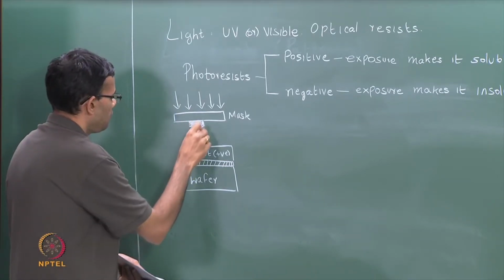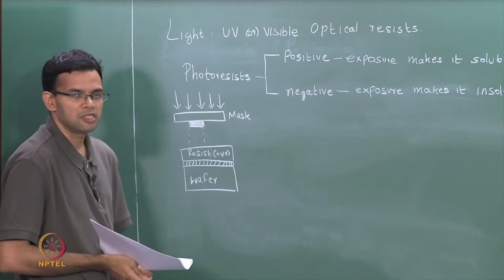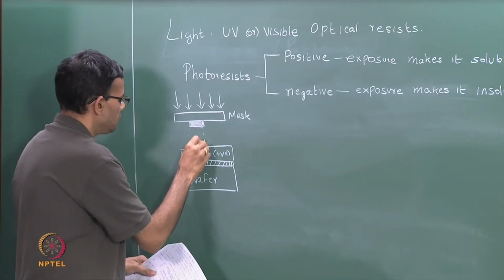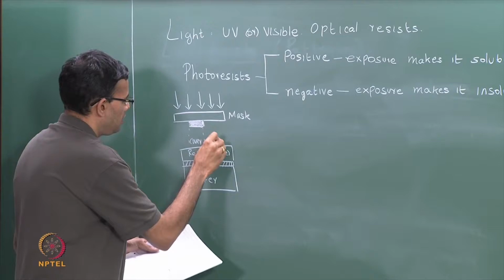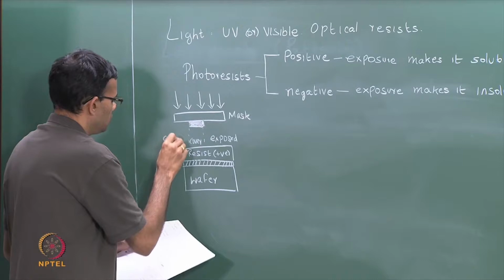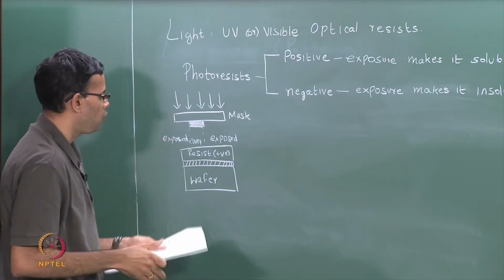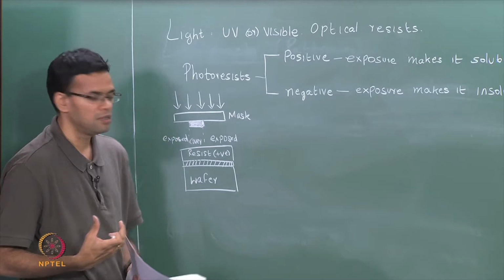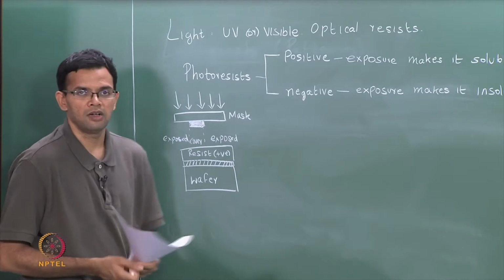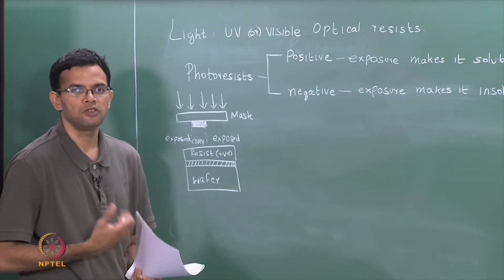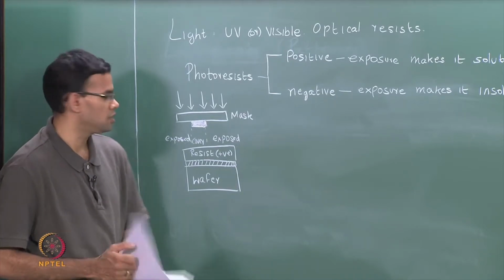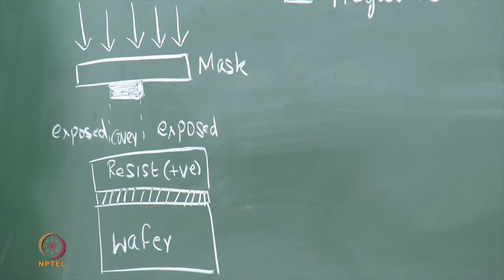We also have to choose the intensity of the light, which again depends upon the type of photoresist you have. The exposure time will also change depending upon the type of photoresist, but the photoresist is exposed through the mask, and then we have two different regions. So wherever we have the pattern, the resist is covered, and wherever there is no pattern, it is exposed. So we have one region of the resist that is covered and two regions that are exposed. After exposure, if we now use a suitable solvent, we said that in the case of a positive photoresist, the exposed regions are more soluble.